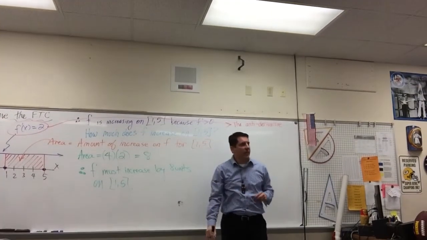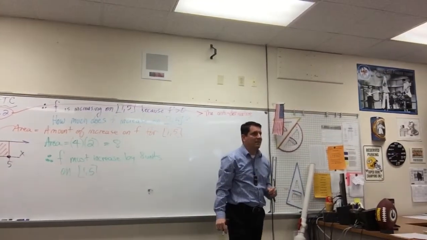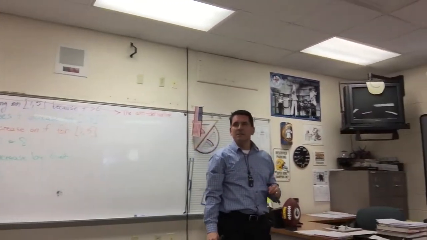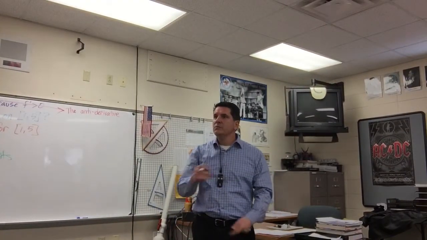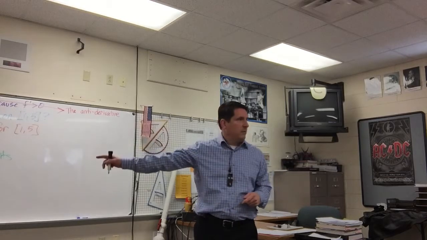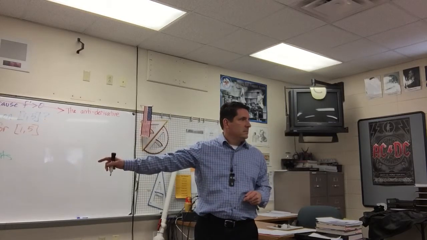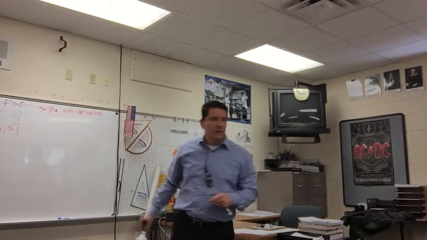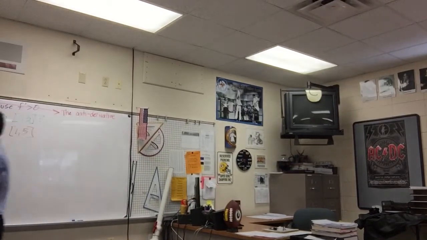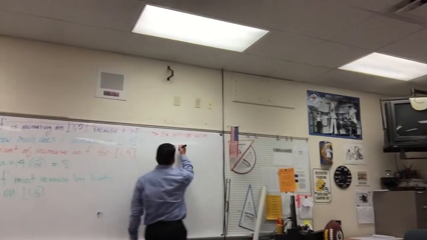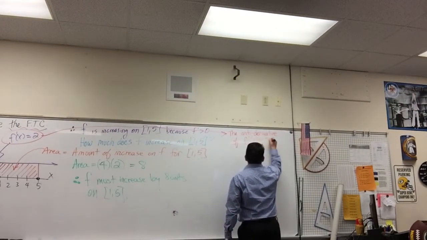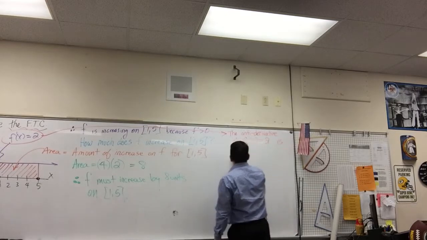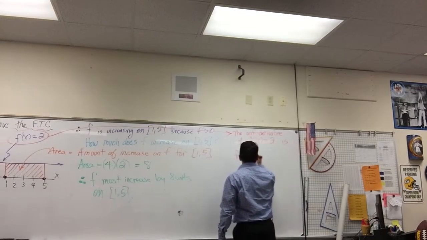What do you suppose the antiderivative is? It's the function whose derivative was given. If you go backwards, if you start with f prime, the antiderivative of f prime of x equals 2 is f of x equals what?